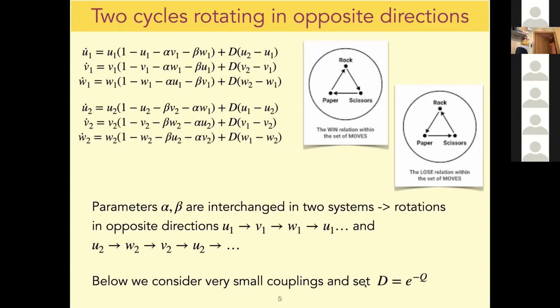Below we also replace this coupling constant with e to the power minus q, because a large q means a very weak coupling.